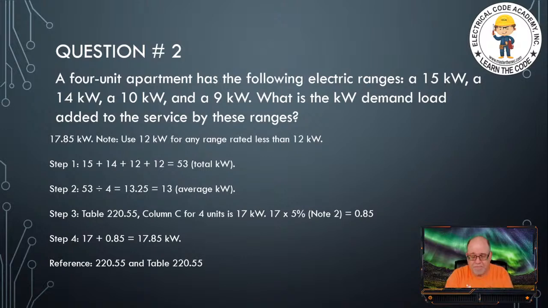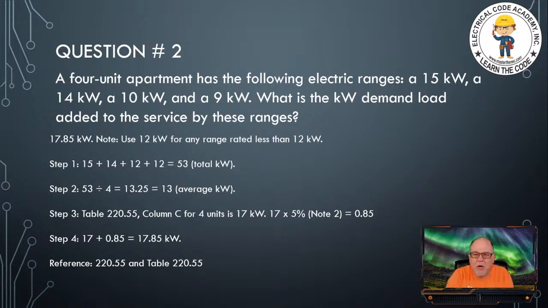Remember what the note said. It said whatever the demand value is in column C must be increased by 5% for every kW that exceeds 12, or major fraction thereof. Okay, major fraction. So 0.25 is not a major fraction. 0.5 and greater would be a major fraction.